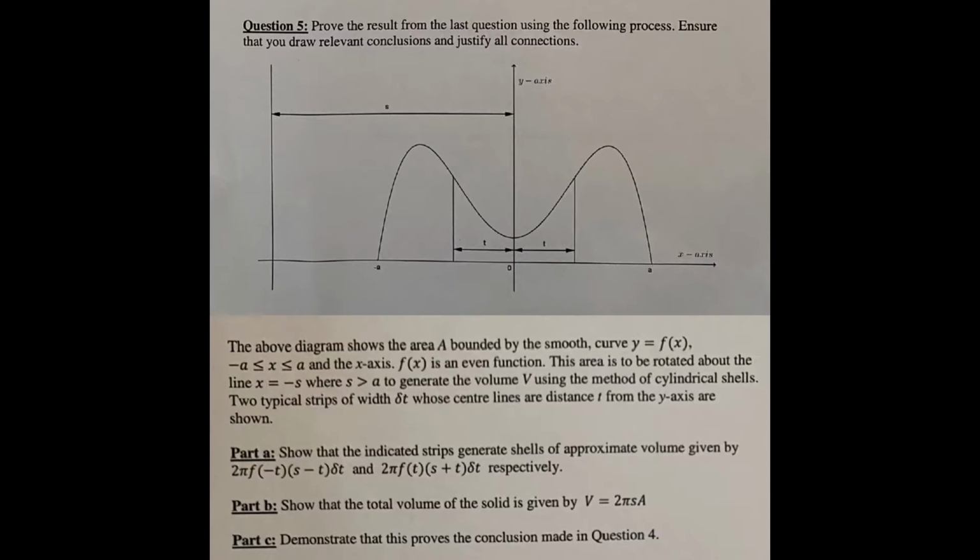Part A says to show that the indicated strips generate shells of approximate volume given by 2 pi f(negative t)(s minus t) dt and 2 pi f(t)(s plus t) dt respectively. Part B then says to show that the total volume of the solid will be V equals 2 pi s A, capital A. And then part C says to demonstrate that this proves the conclusion made in question 4.